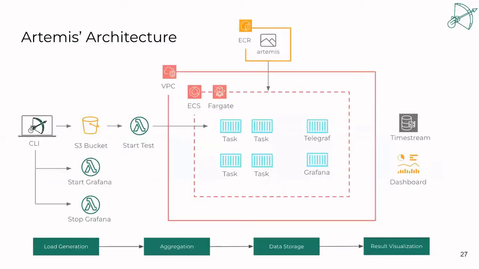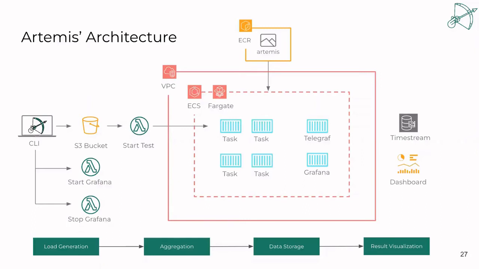Here we have a full picture of our architecture and all of its components. Artemis's infrastructure is accessible to the user through the Artemis CLI. This enables the user to run tests, visualize results, deploy, and tear down their load testing infrastructure in AWS.